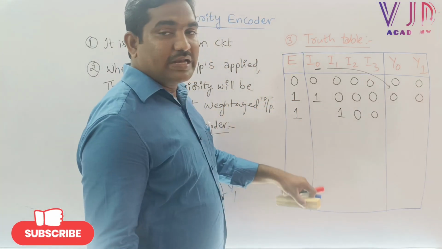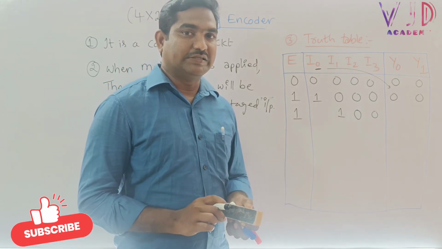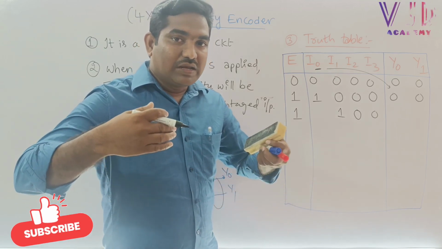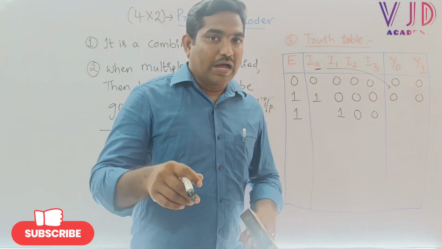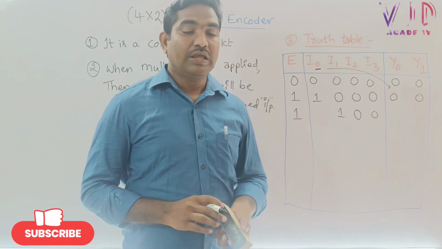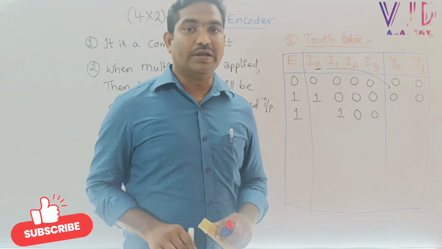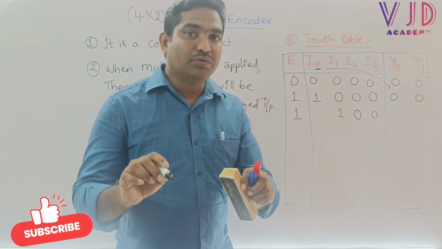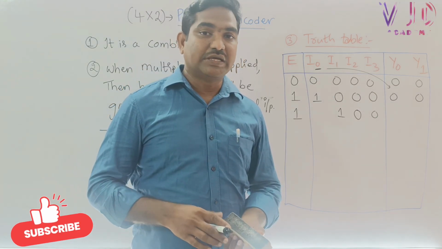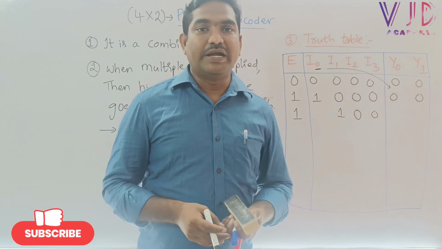Now, sir, in a priority encoder the important thing is that it will take only the highest weightage bit as the input. When we apply 0 and 1 as inputs, it will consider only 1. When we apply 1, 2, 3 as inputs at a time, it will take only 3 as the input, because that is the topmost weightage bit out of all the applied inputs.